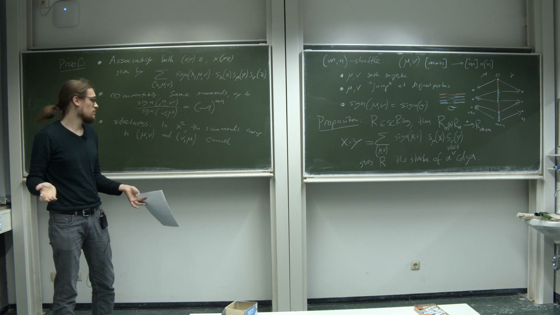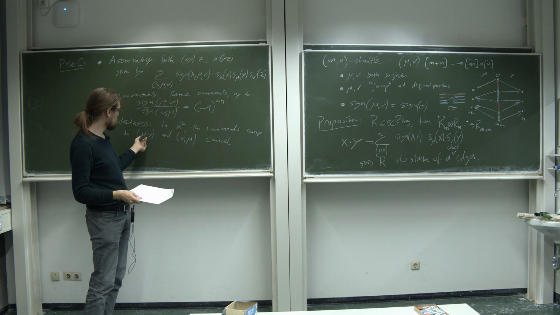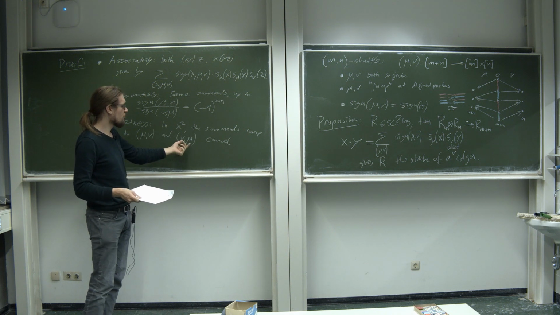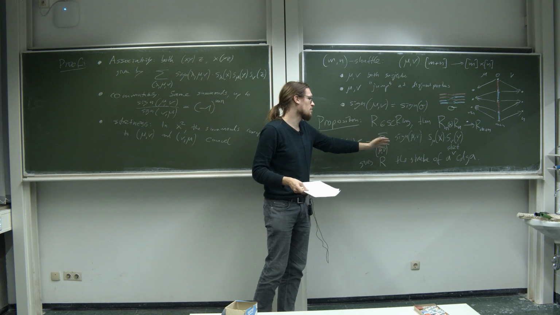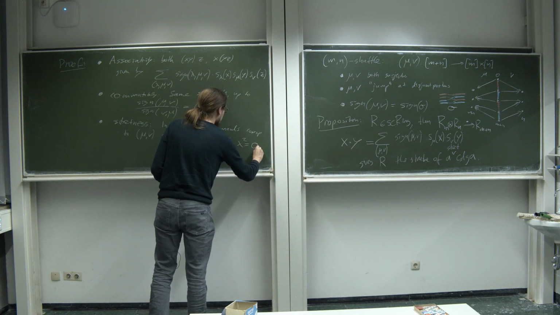Right? In an n, n shuffle, you have a corresponding n, n shuffle where you've interchanged the roles. And if n is odd, these will appear with opposite signs in this sum. So all of them cancel, and we have x squared is 0.